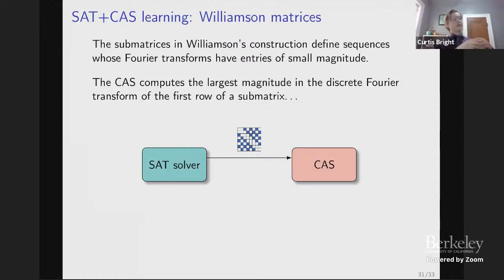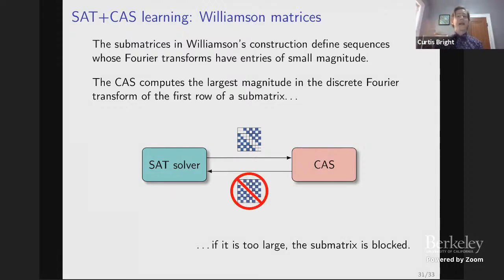So when the SAT solver is filling in the entries of the matrix, eventually it's going to fill in all the entries in one of the submatrices. Then you can take that submatrix, give it to the CAS, have the CAS compute the magnitudes of the discrete Fourier transform entries, and if they are too large, you throw it away. You block it because it's never going to extend to a full Hadamard matrix.